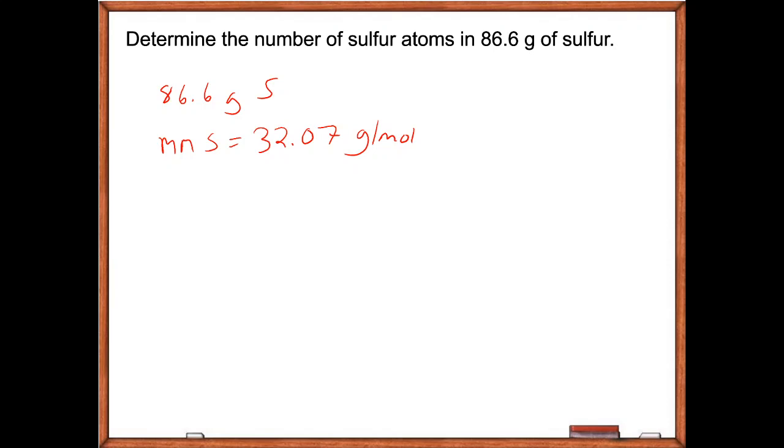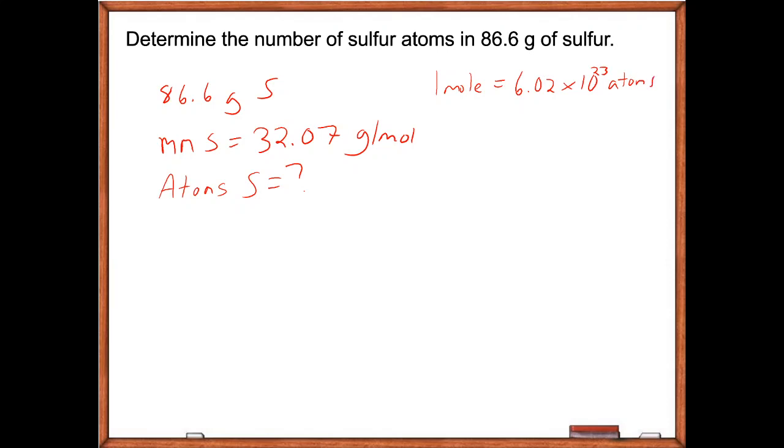What we want to know is how many atoms of sulfur this is. So just write out what you know, write out what you don't know. Remember that 1 mole is equal to 6.02 times 10 to the 23rd atoms.